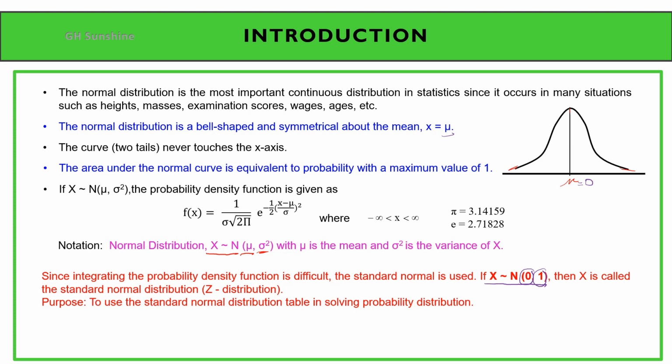The purpose of converting to the Z distribution is to use the standard normal distribution table to solve probability distribution problems. So we will use this formula: Z equals x minus mu over sigma. This is called standardizing X to Z.